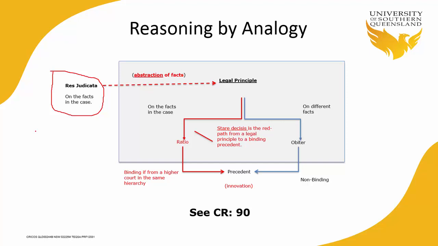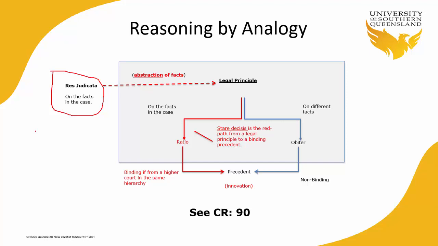So, for example, if you're talking about Mabo number 2, then we are talking about the actual facts of that case in relation to the people there, in relation to the plaintiffs, in relation to their land, and in relation to their connection to that land. So the res judicata does not have any abstraction of the facts. It talks specifically about what we looked at or argued in a given case.